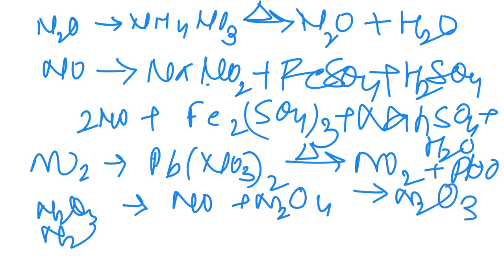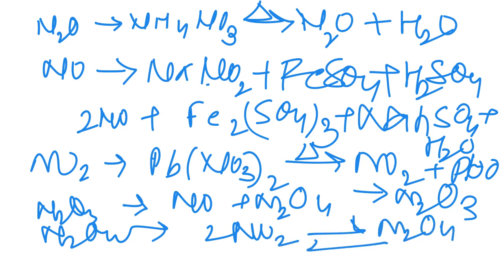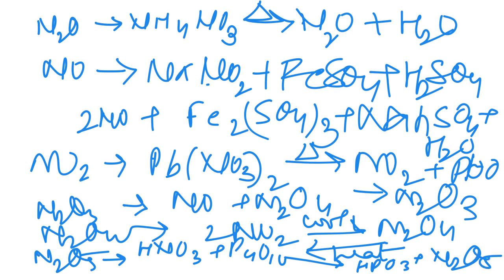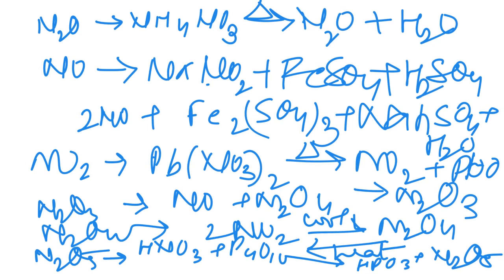Then N2O4: if you cool NO2, it dimerizes to N2O4, and if you heat it, you get back NO2. Then the last is N2O5: react nitric acid with phosphorus oxide, P4O10, and you will get HPO3 and N2O5. So these are the preparations of the various oxides of nitrogen.